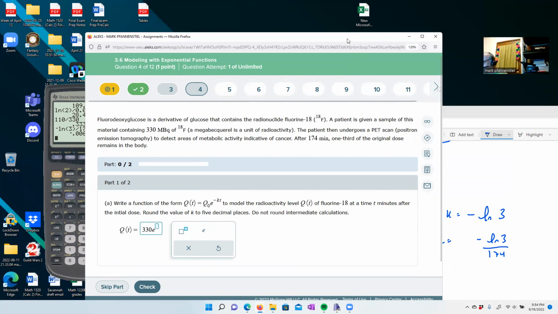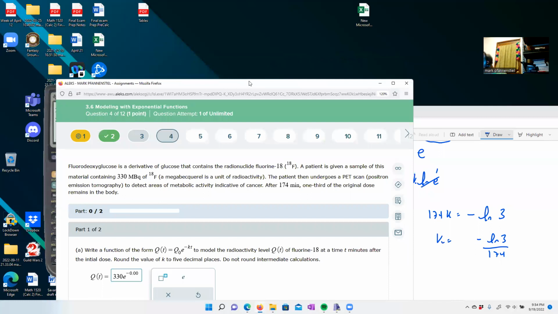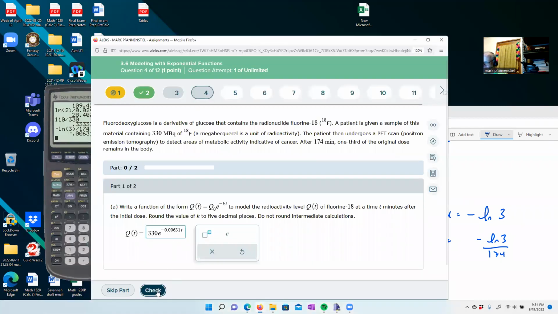That was going to be negative 0.00631 T, knowing that T is going to be in minutes. So that should be our calculation there. That's our formula. That's our function.